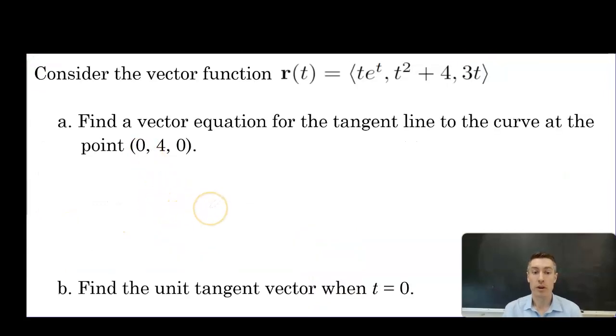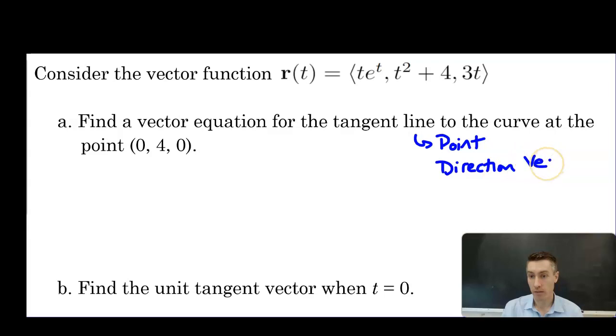So consider the vector function r of t equal to t times e to the t, t squared plus 4, 3t. Part A: find a vector equation for the tangent line to the curve at the point 0, 4, 0. In order to write a line in general in 3-space, we need a point and a direction vector.